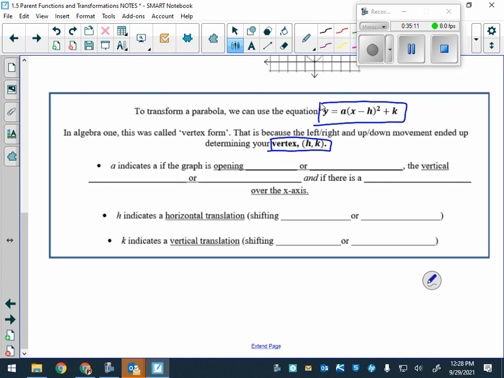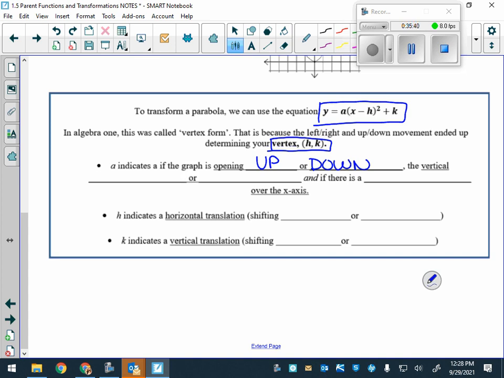So A indicates if the graph is opening up or down, meaning if there's a negative in front, it's opening down, both arrows down. If it's positive, it's opening up. What else does A tell us? That was weird.